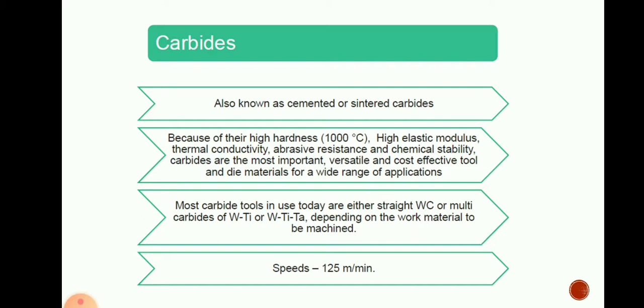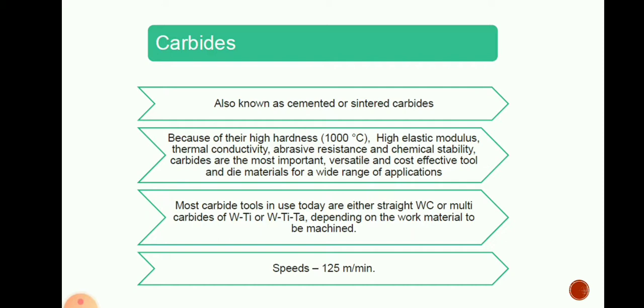Most carbide tools in use today are either straight tungsten carbide or multi carbide with tungsten titanium or tungsten titanium TA, depending on the work material to be machined. So basically previously also we have seen there are mainly two types based on which material you are using in that carbide cutting tools.